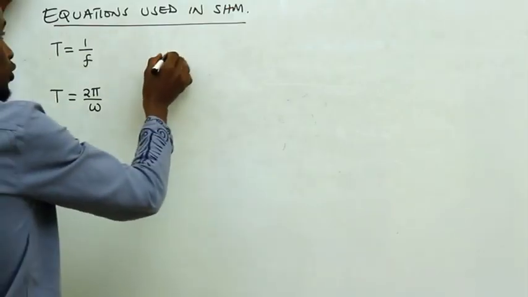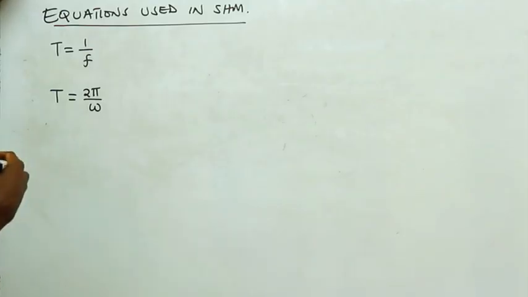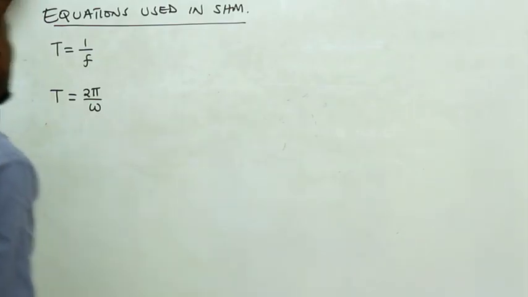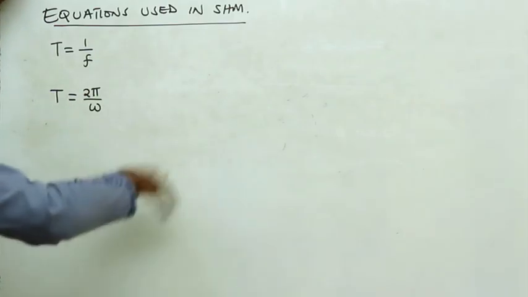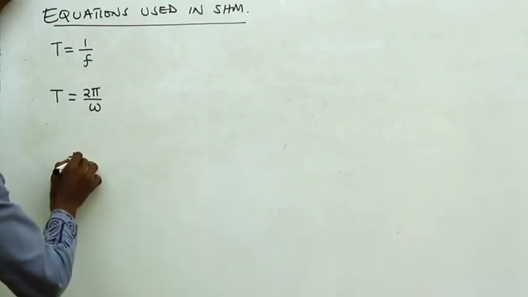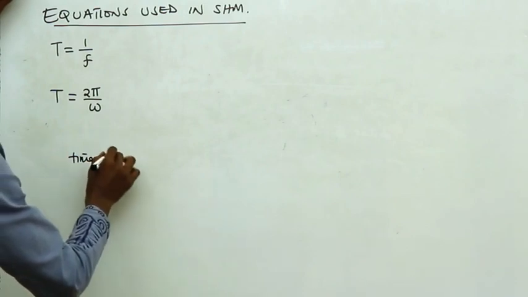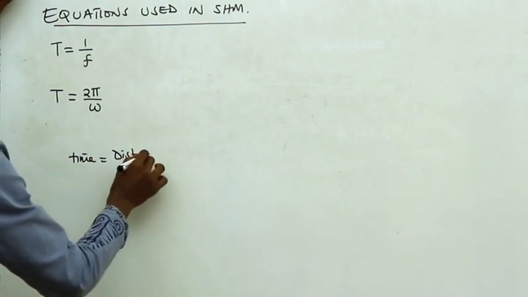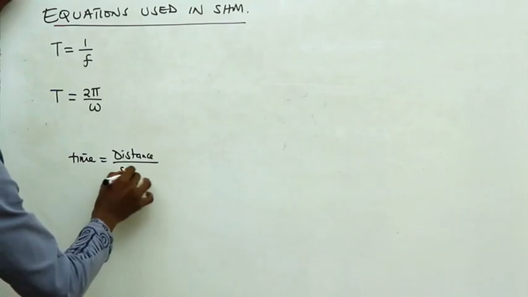You recall that in circular motion, because in circular motion you can still have simple harmonic motion, 2 pi is the whole theta. We know that time is equal to distance over speed.